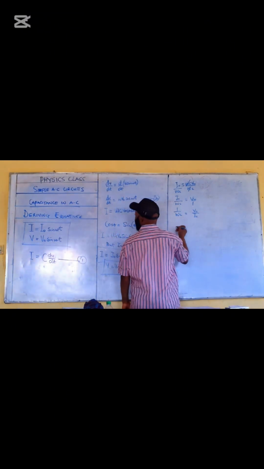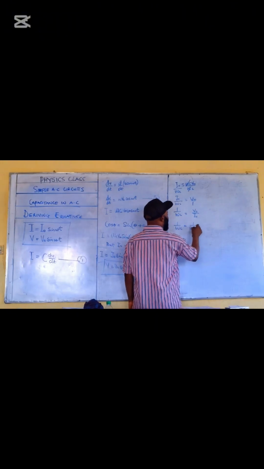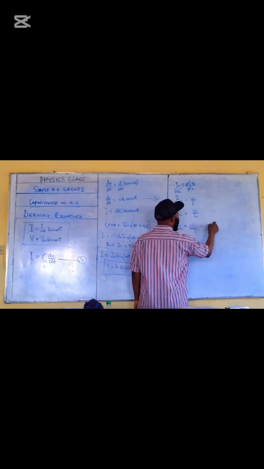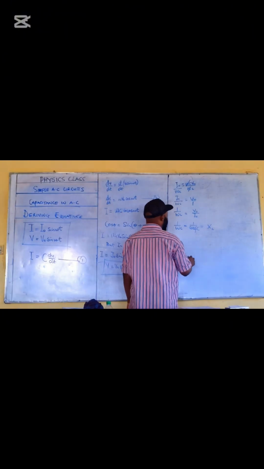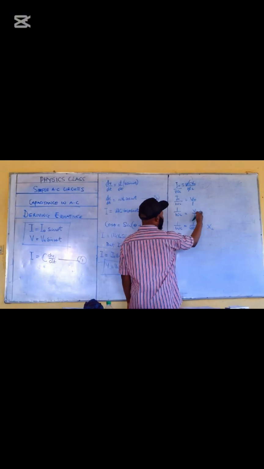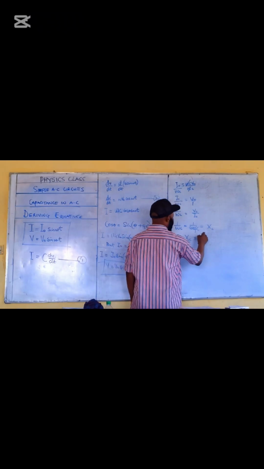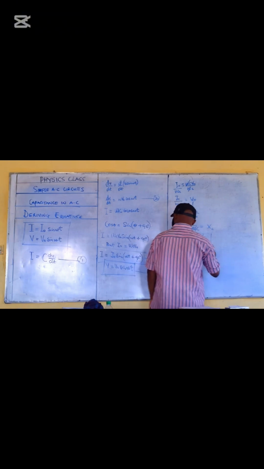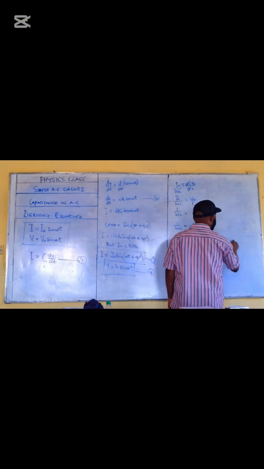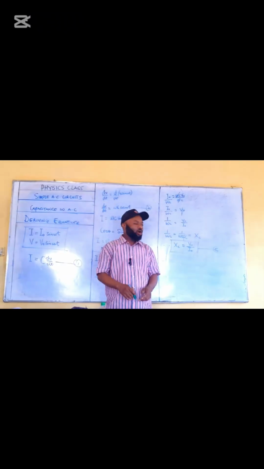Remember in the previous class that we said 1 over WC stands for 1 over 2 pi FC, which is the same thing as capacitive reactance. Hence, we can substitute capacitive reactance here, which means that capacitive reactance is the same thing as V naught over I naught. Consider this as equation 5. So we can write capacitive reactance as this.